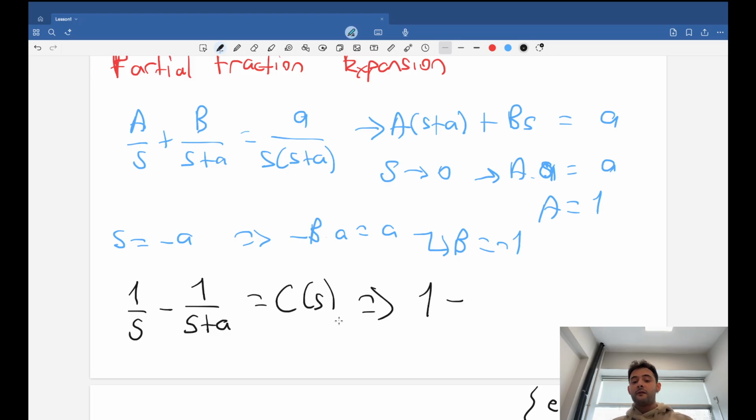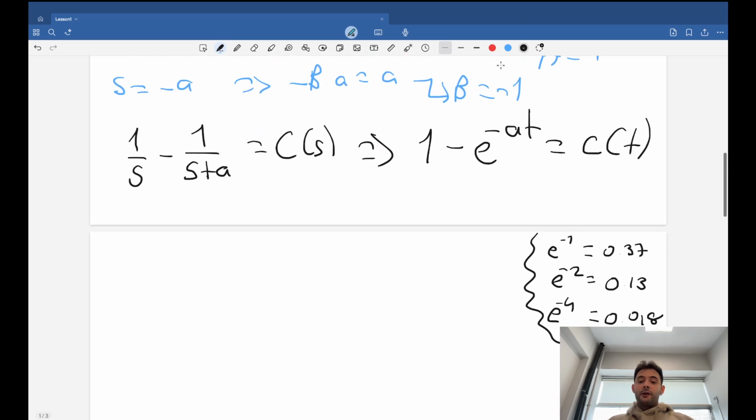If we have an expression like a value over s plus a value, it is similar to an exponential function. So I can say it is e to the power of minus at, right? So this is my c(t), guys. And you found your response function in the domain of time.